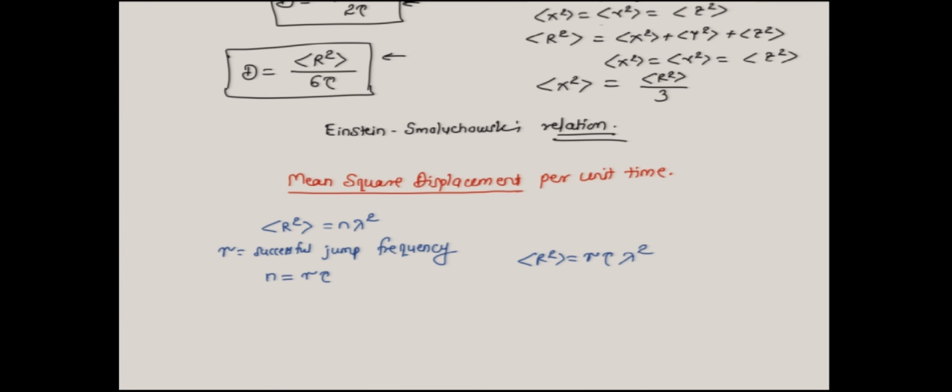if we substitute in the Einstein-Smoluchowski relation, we get D is equal to gamma tau lambda square by 6 tau for any cubic lattice. So, tau will get cancelled and we get the expression D equal to 1/6 gamma lambda square.